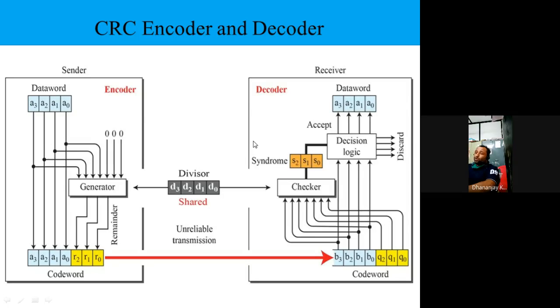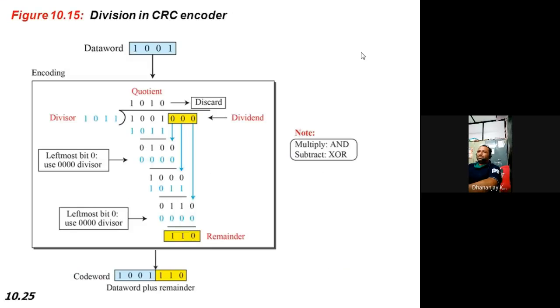I'll also share a YouTube video prepared by me, in which I have taken a few examples for CRC. You just go through it for say 10 to 15 minutes. Once you understand that, I'll tell you more details about the CRC encoder and decoder, so that it becomes much easier for you to understand the CRC mechanism, because it has to undergo certain calculations.